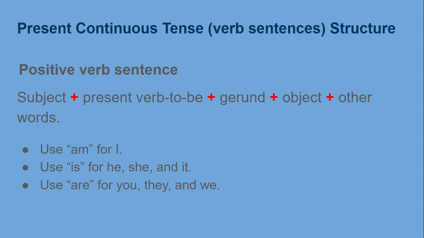Let's go there. The exercise says, change the following sentences into the present continuous tense positive sentences. Let's start with the first sentence.